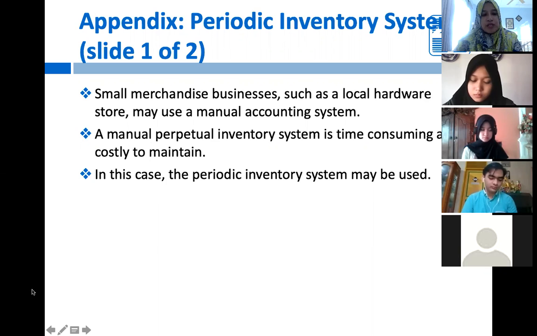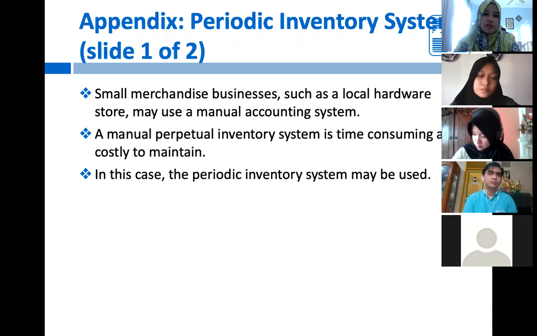Okay, small businesses, as I mentioned at the beginning of the lecture of this chapter, normally use the periodic inventory system instead of the perpetual inventory system, because perpetual is costly and time consuming. Why costly?